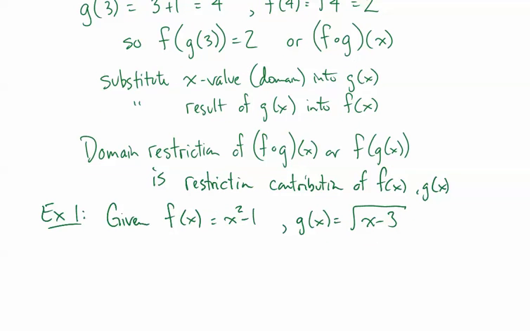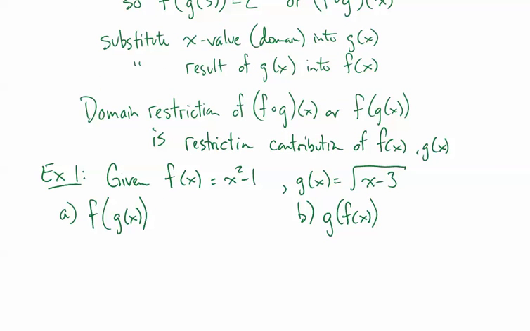And what we're going to do is determine what f of g of x would be, as well as what g of f of x would be. So the first one, we're taking the function g, putting it into the function f. In the second case, we're taking the function f, putting it into the function g. Pause the video, try it out, come up with results, and see if your results are the same or different.